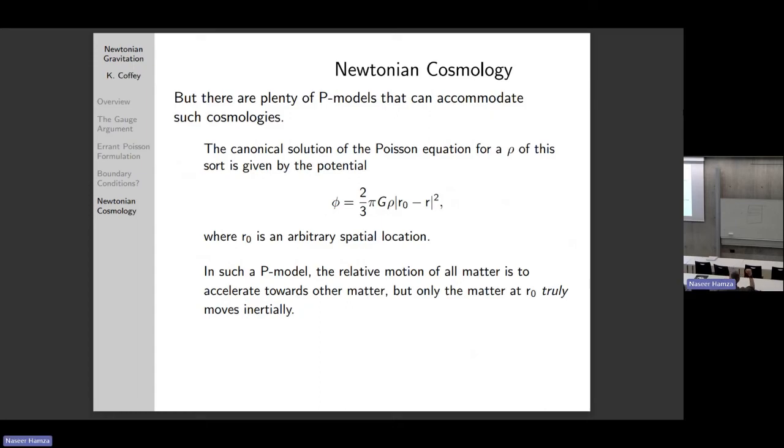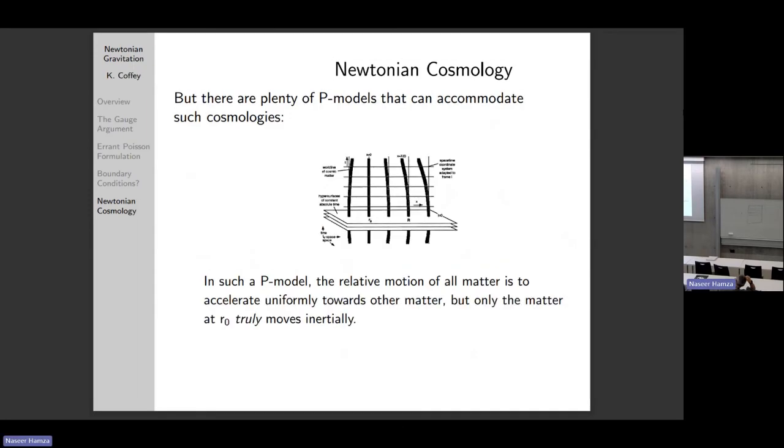But the only matter that is actually not accelerating, that's truly moving inertially, is the matter at Rho. So here's an example. Here's a diagram that I've stolen from John Norton that illustrates how this works. The idea is that the matter at Rho actually moves inertially, but all the other matter is accelerated. But if you look at the relative motion, the relative accelerations between all the pieces of matter, they're all coalescing.